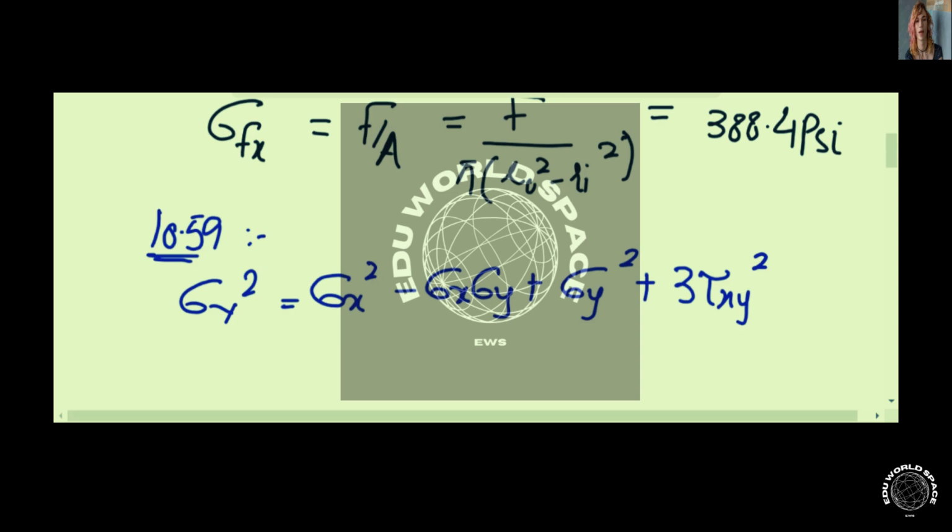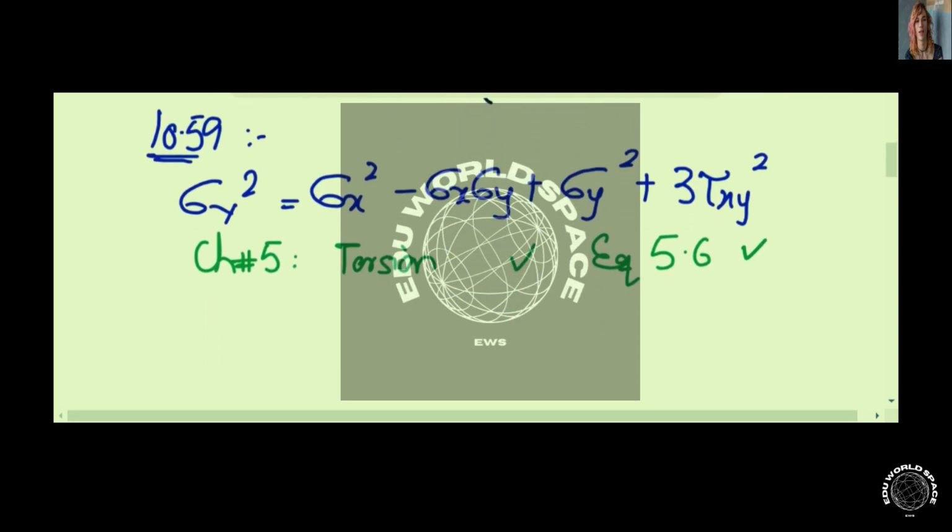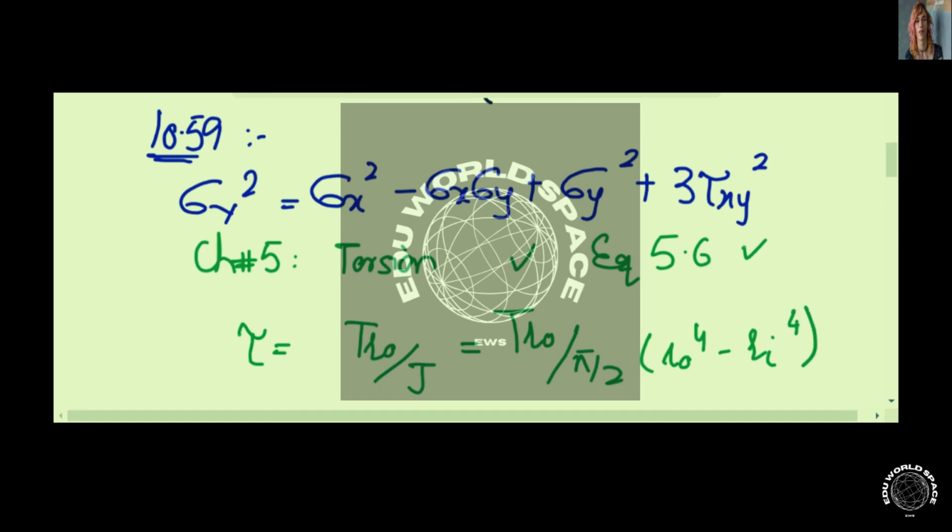Now we have a torque that creates a shear stress. Recall your previous knowledge of chapter 5, which deals with torsion, and we are going to use equation 5.6 from this chapter. That gives us tau equal to T times R naught divided by J, where J is pi by 2 times R naught to the power 4 minus R sub I to the power 4.